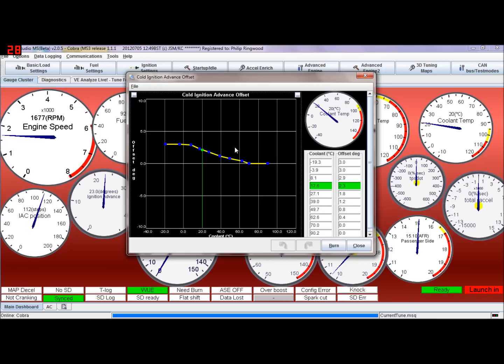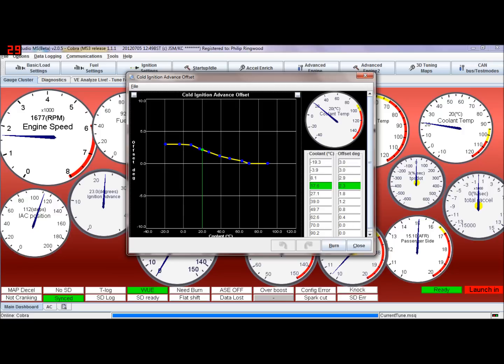So at idle, if you increase the advance slowly, the engine speed will increase as well. So you can add a few degrees to the table when the engine's cold to aid engine idle speed and to help it warm up a bit quicker. You don't want to add too much, but just have a little play and add a little bit.